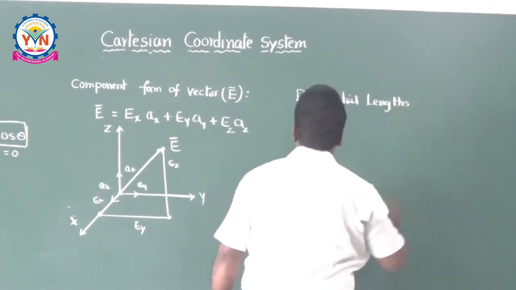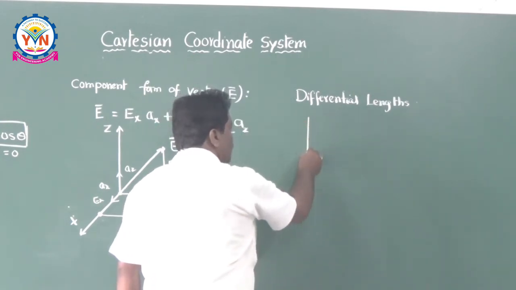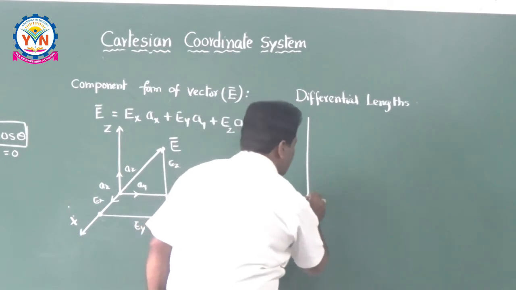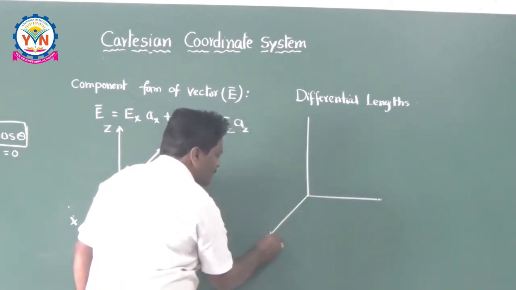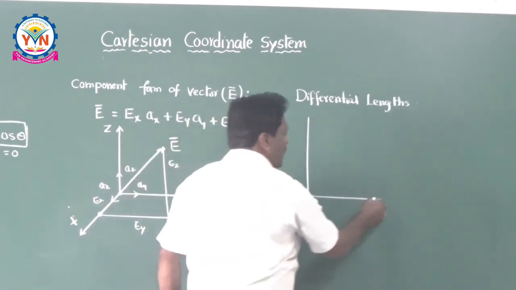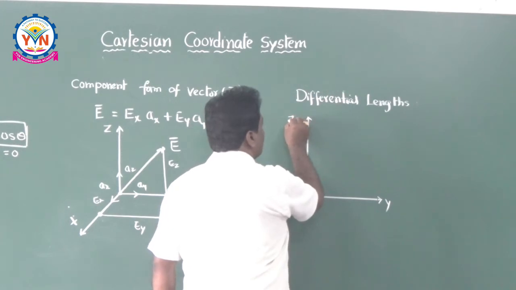As usual, friends, let us take your orthogonal coordinate system once again. This is the x-axis, this is the y-axis, and this is the z-axis.